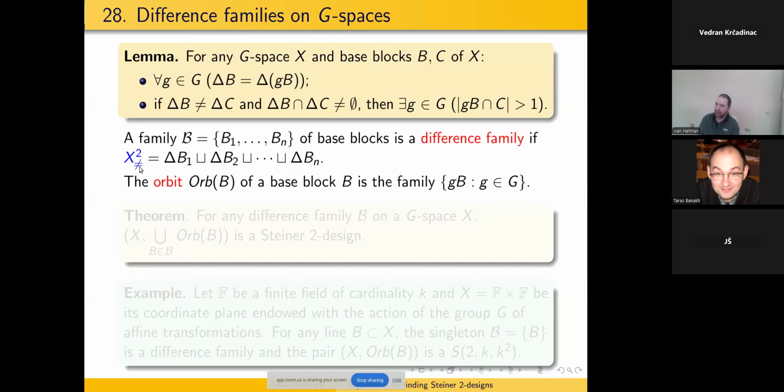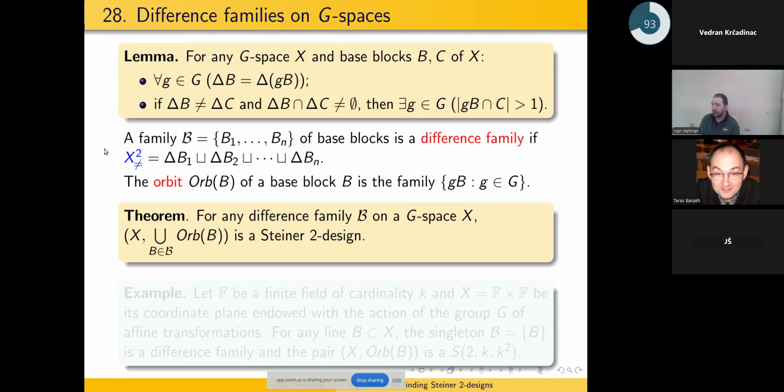So the change here is basically only this part. And again, the same definition of orbit. The orbit of a base block is the family of its left actions on the block B.